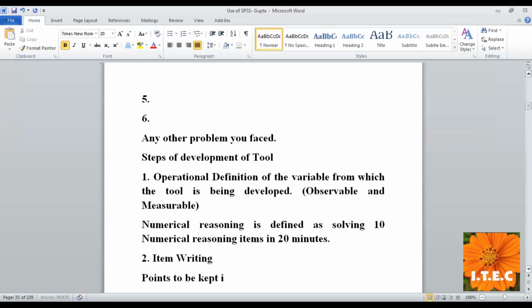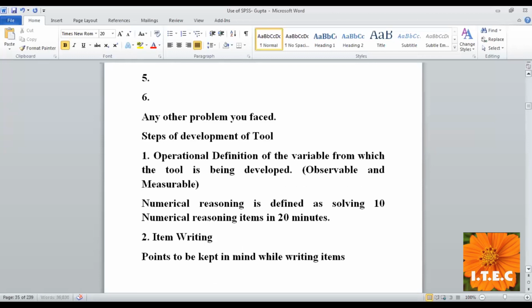Now, when you want to write the items, then you have to keep many points in mind. Points to be kept in mind while writing items. There are many points which you have to keep in mind, and I am not giving you the points in a particular sequence, but as they come to my mind, I give you.